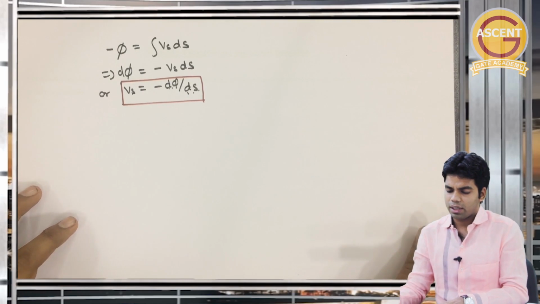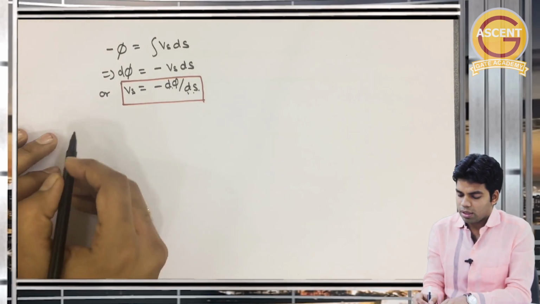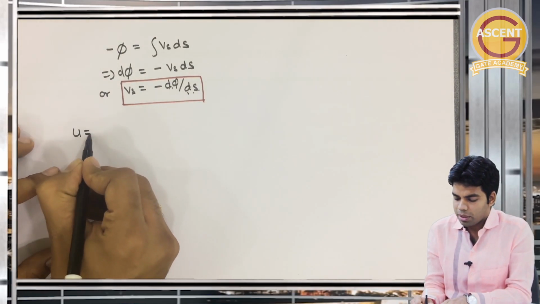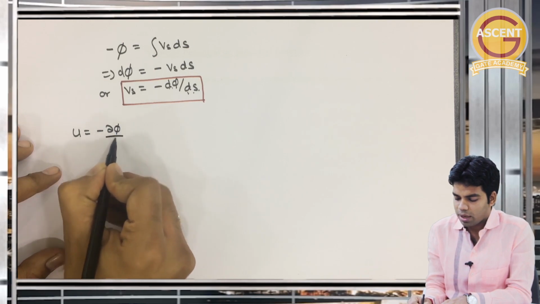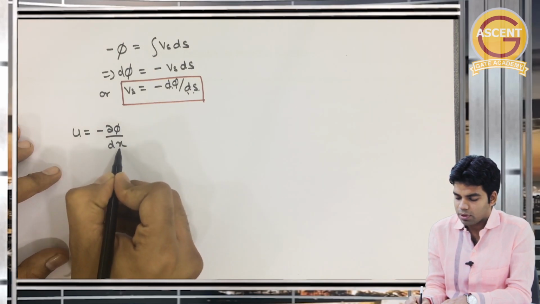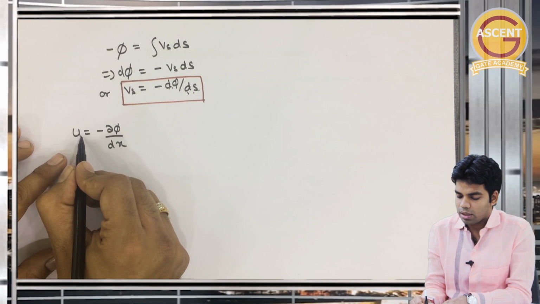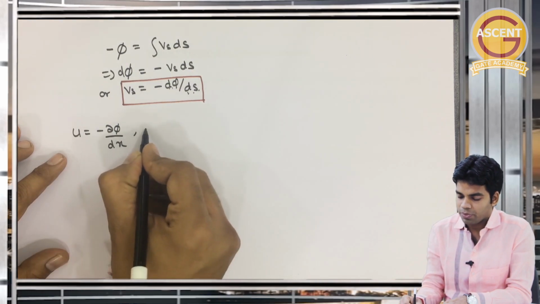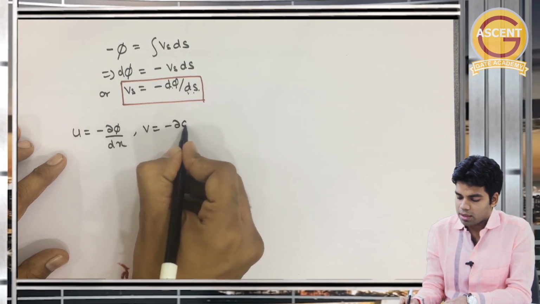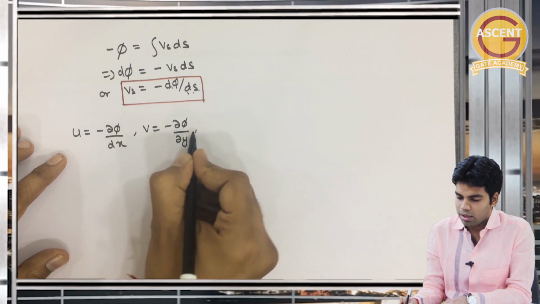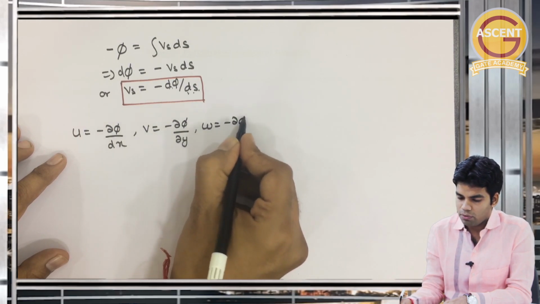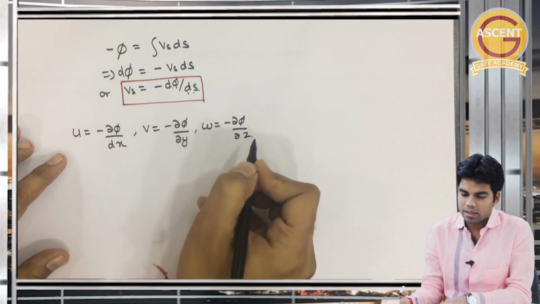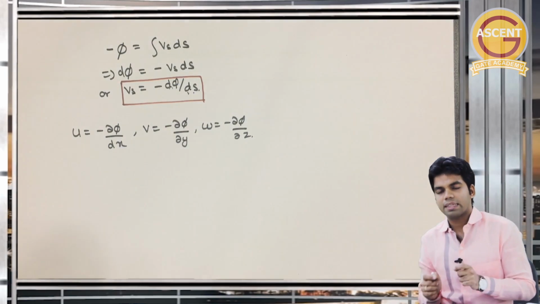Okay, now what does this mean? Negative derivative in any direction gives velocity in that direction. That means u will be equal to minus of d phi by dx. Negative derivative with respect to x gives velocity in the direction of x, which is u. Similarly v is equal to minus of d phi by dy, and w is equal to minus of del phi by del z. Okay, now what does this negative sign indicate?